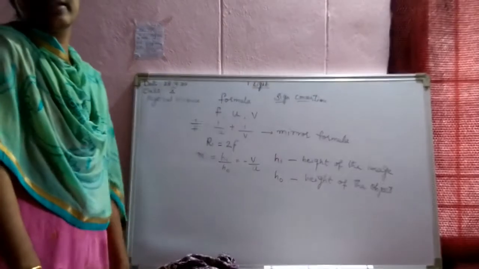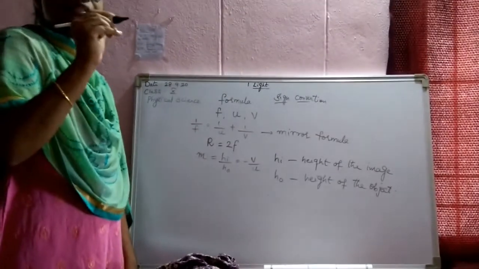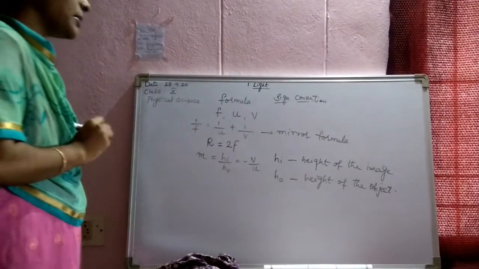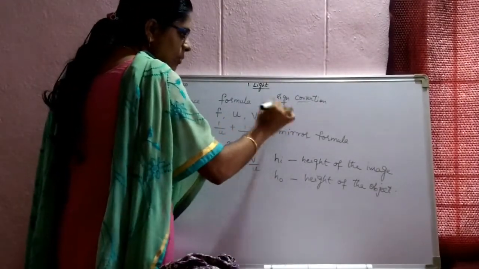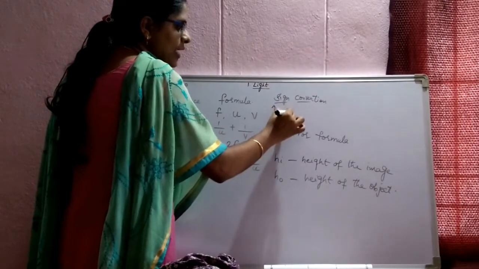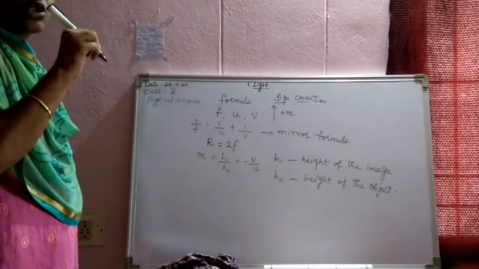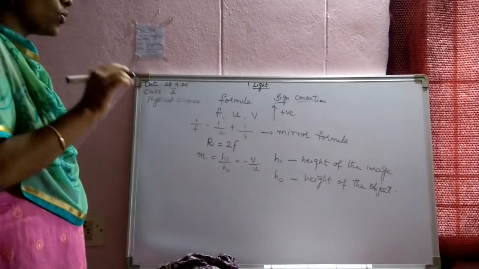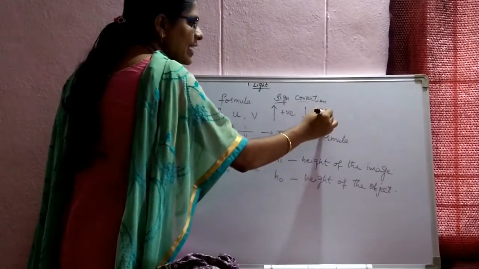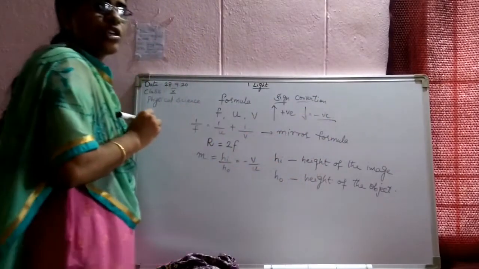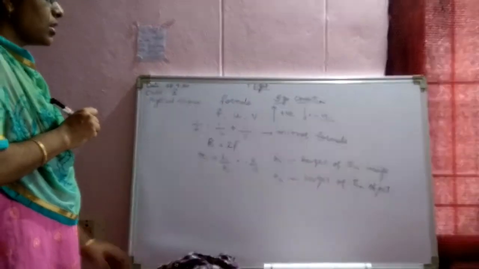A second point I have told you in the sign convention is the heights of the images or the objects. If they are upwards, then it should be taken as positive. If the images are inverted, in the downwards, we need to show it as a negative sign. I have told you all these things in the last class, sign convention.